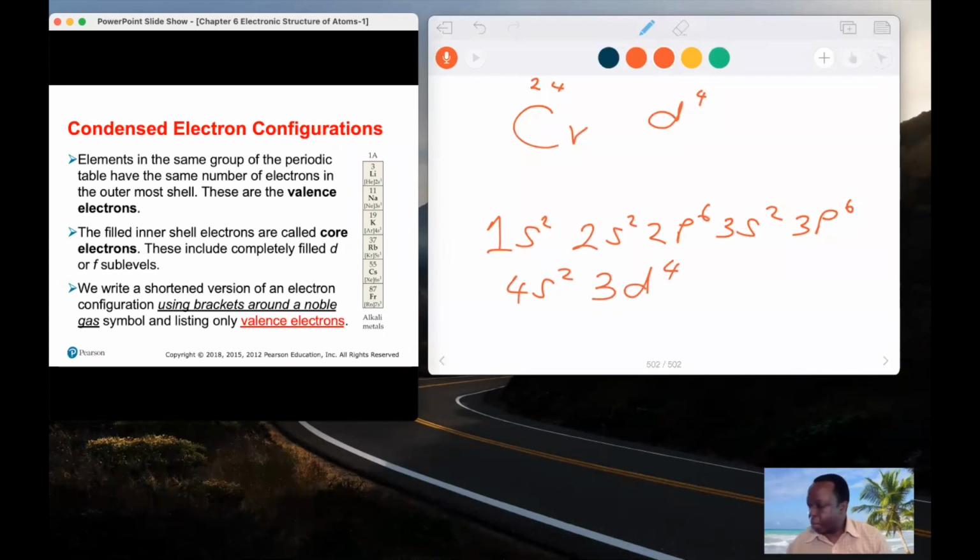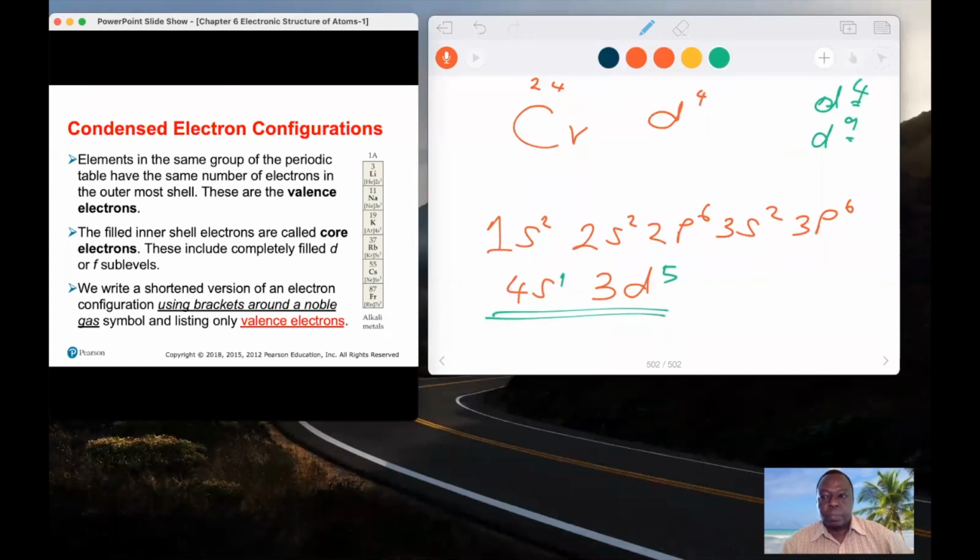But it turns out that you promote an electron. This is abnormal: it will be 3d5 and 4s1. We call this an anomaly. If the last one is d4 or d9, you promote an electron to make this 5 and make this 10.